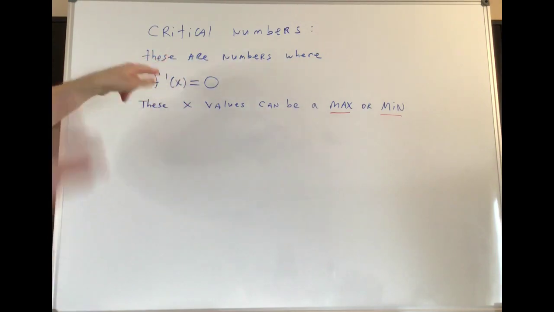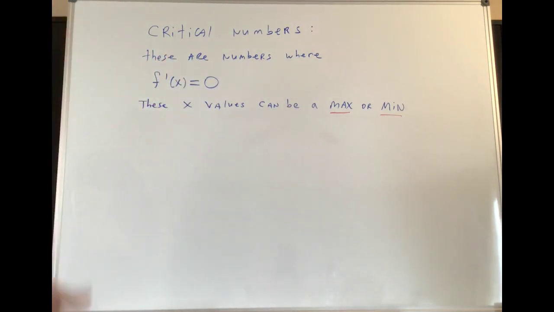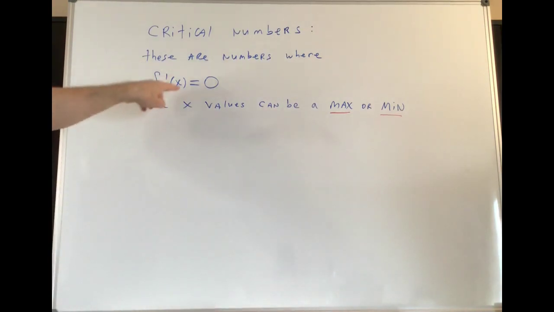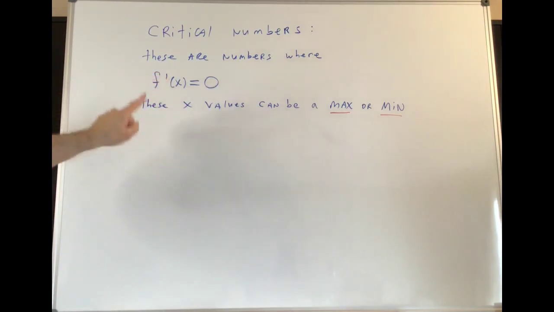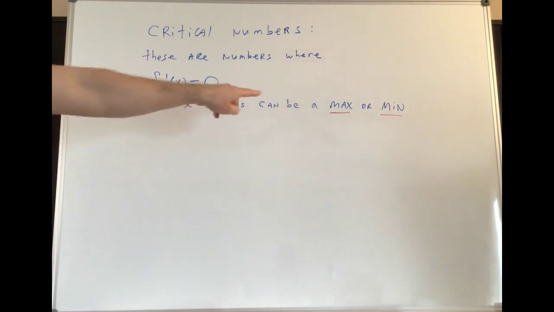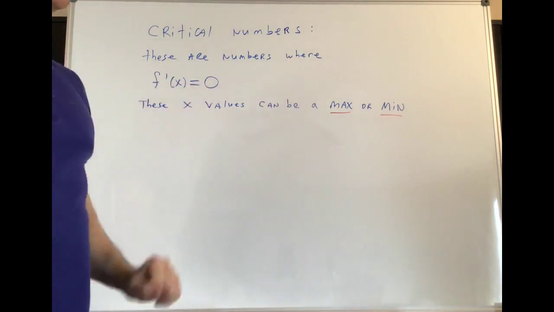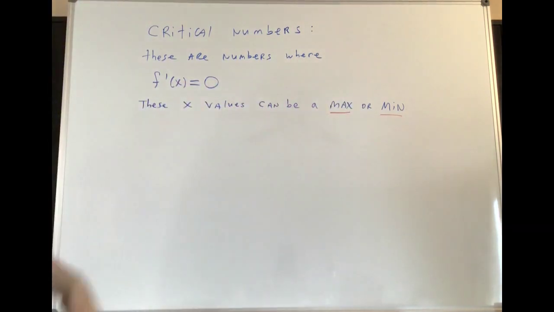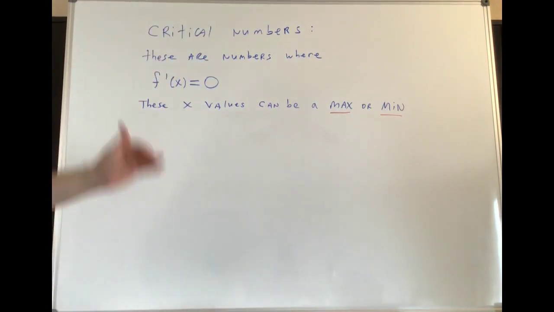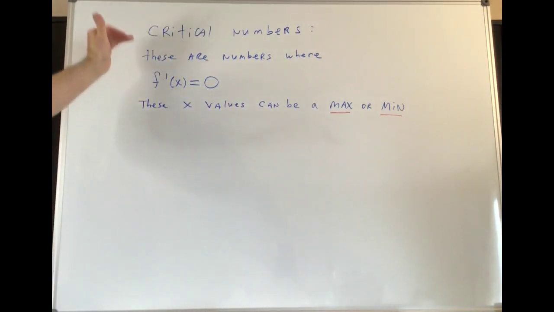Remember, the first derivative tells you the slope of the tangent line. So these are x values where the tangent line has a slope of 0. In other words, this is where the x values could hit a high point, max, or a low point, min, right? Maximum, minimum. So this is what you're going to do.